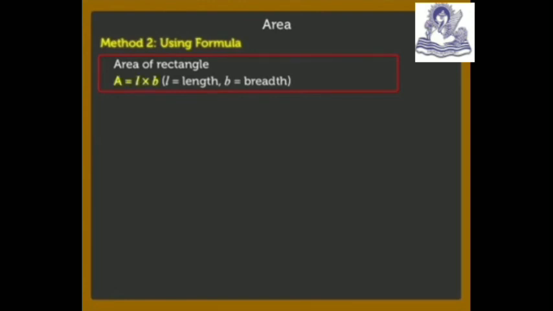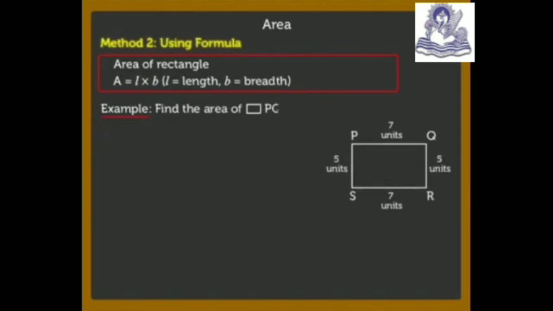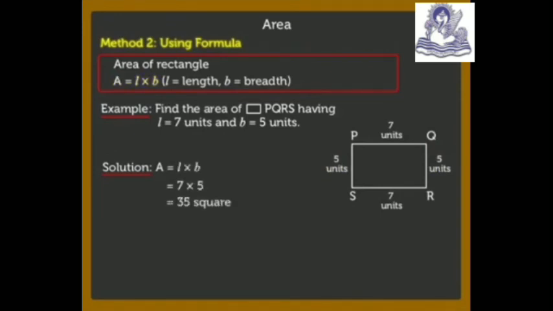Let us use this formula to find the area of a rectangle PQRS having length 7 units and breadth 5 units. Rectangle PQRS has length 7 units and breadth 5 units. Therefore, by using the formula, area is equal to length into breadth. 7 multiplied by 5 is equal to 35. We get the area as 35 square units.